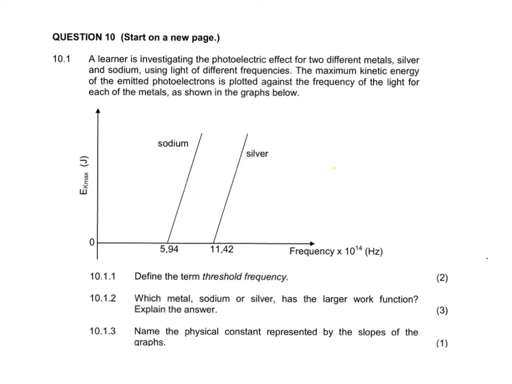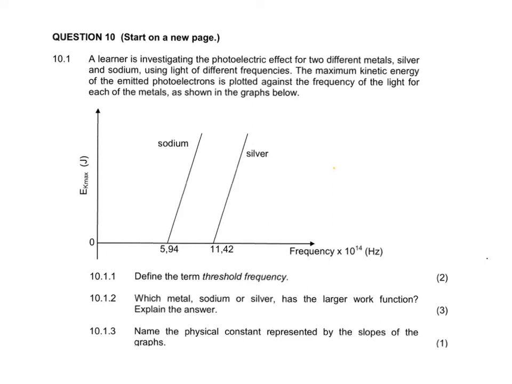And it states a learner is investigating the photoelectric effect for two different metals, silver and sodium, using light of different frequencies. The maximum kinetic energy of the emitted photoelectrons is plotted against the frequency of light for each of the metals, as shown in the graphs below.